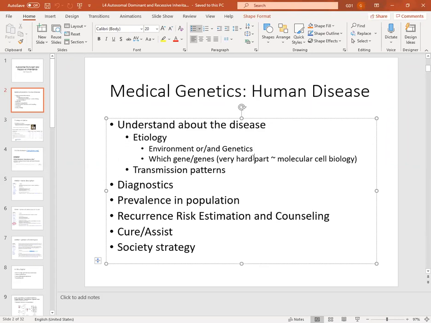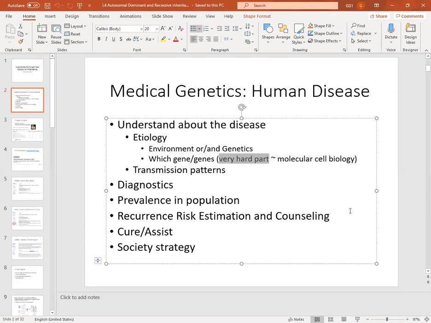So which gene? I mark it in here: which gene? Is it a single gene or multiple genes? The disease outcome is because of a single gene or multiple genes. And this is a very hard part of trying to understand the disease.